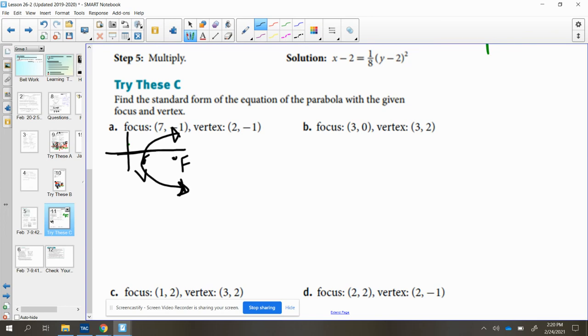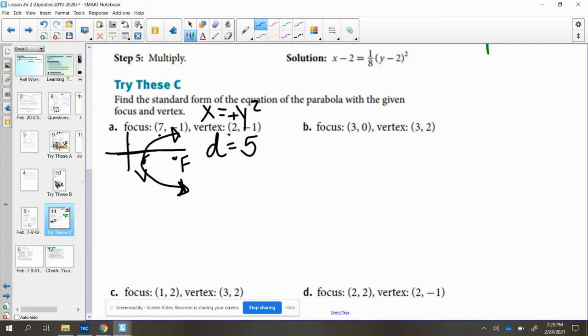So in this case, this is a rightward opening equation, so it's going to be y squared, because we're opening to the right. So the y value would be squared, and it's positive out front because we know it's opening that way. Now, the other thing is we know the distance between these 2 points is 5 units. To get from 2 to 7, we had to move to the right 5.